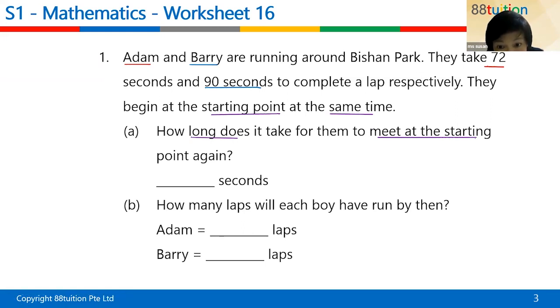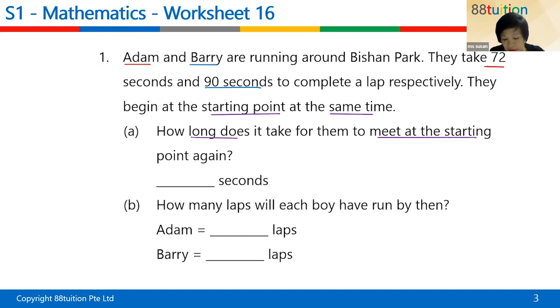What is the concept that is being asked for? The keyword is they are going to meet at the same start point. Anyone? Just key in the chat function if you know the answer. Not the final answer, but what they are asking for. Good. Jin Lei say something: LCM.